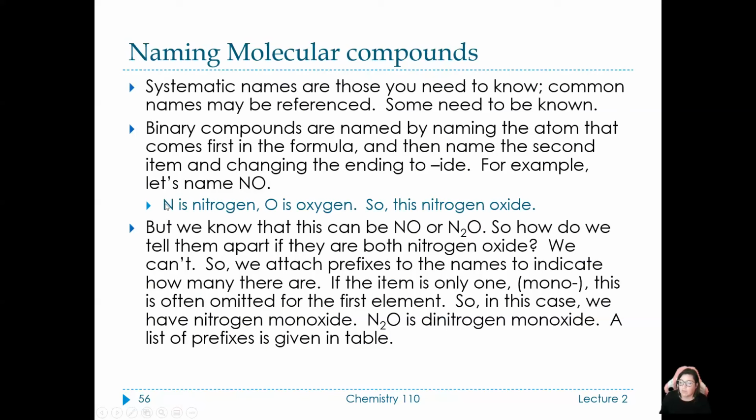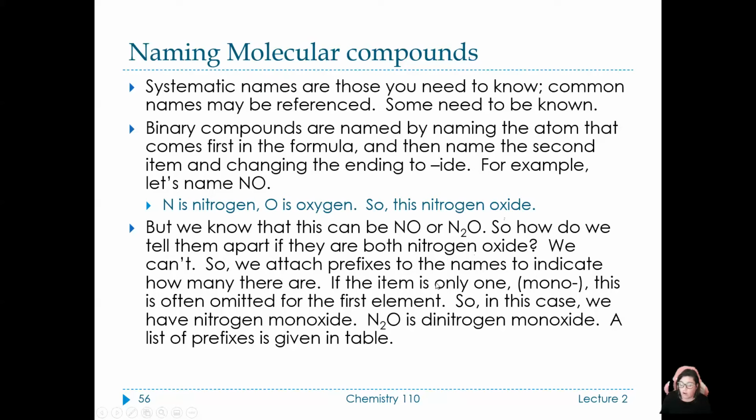For example, let's name NO. N is nitrogen, O is oxygen, so this is nitrogen oxide. Okay, but we know that this can be NO or N2O. So how do we tell them apart if they're both nitrogen oxide? We can't. So we attach prefixes to the names to indicate how many there are. If an item is only one, we can call it mono.